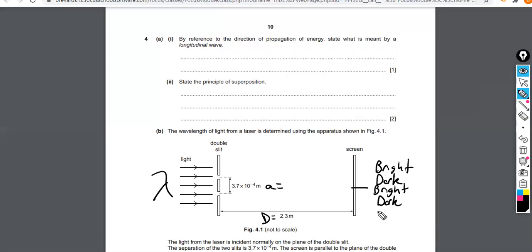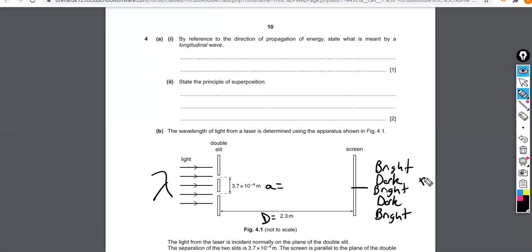So it alternates, bright, dark, as a result of the constructive interference, the destructive interference, the constructive interference, and so on. So points of reinforcement and points of cancellation. That's what interference is, right? A pattern of points of cancellation and reinforcement. So that's how we observe this pattern.